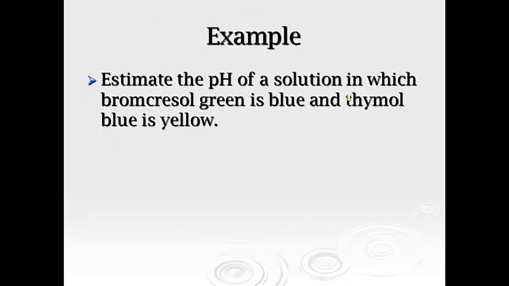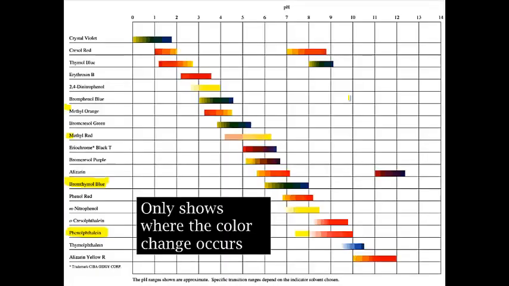Okay. For example, estimate the pH of a solution in which bromocresol green is blue and thymol blue is yellow. You just have to go back to that chart. See if I can get there. There we go. Okay, so just to show you how to read it, bromocresol green, we're looking for this one to be blue.